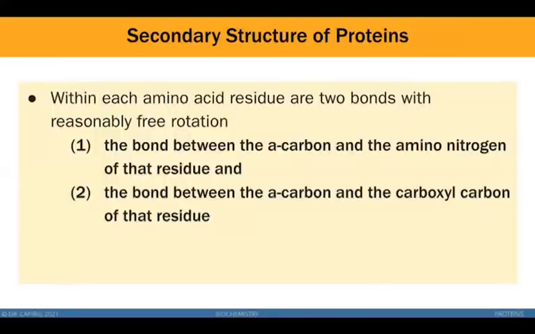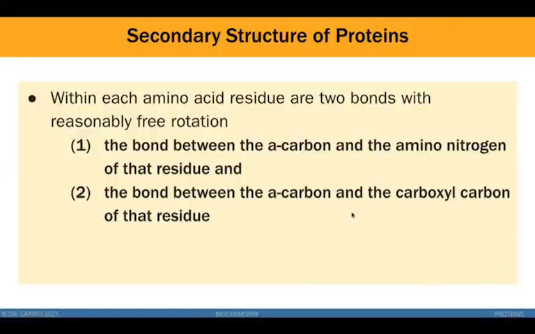Okay. Now within each amino acid residue, there are two bonds with reasonable free rotation. The bond between the alpha carbon and the amino nitrogen of that residue, and the bond between the alpha carbon and the carboxyl carbon, or the carbonyl carbon, of that residue.